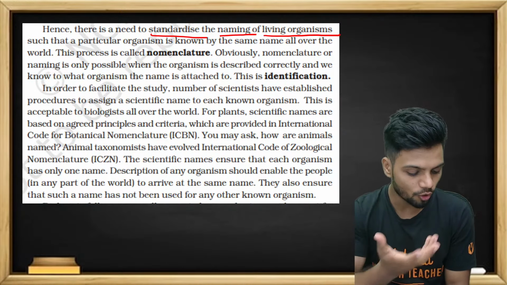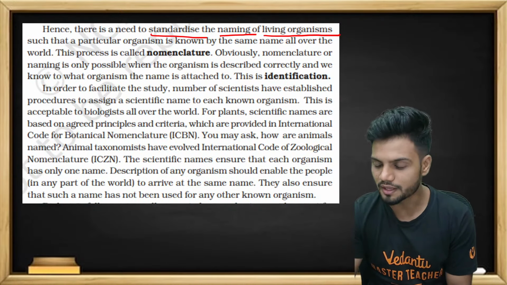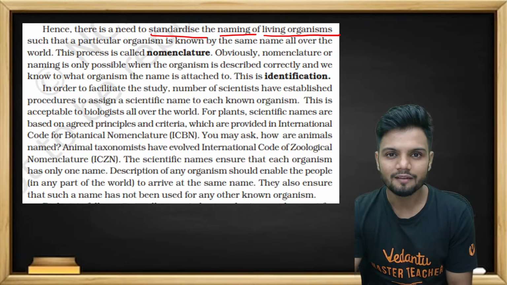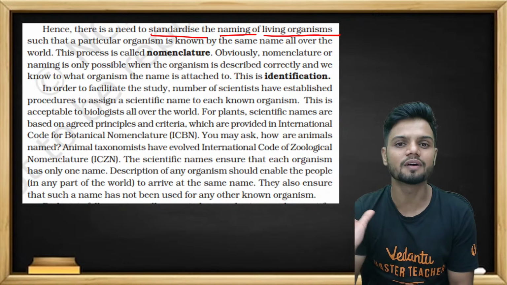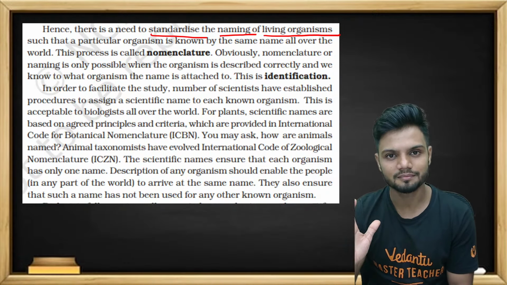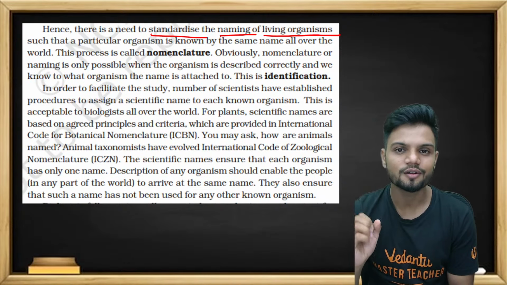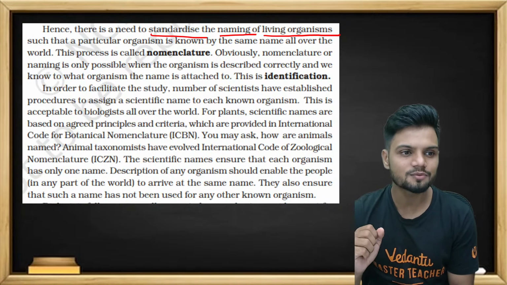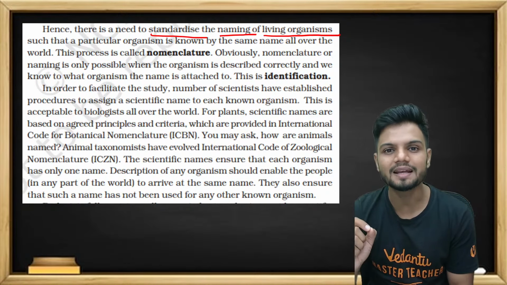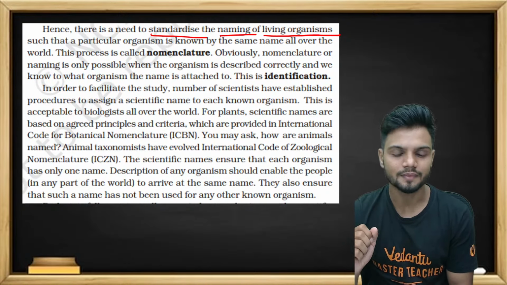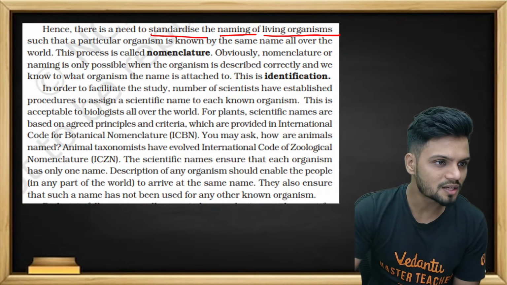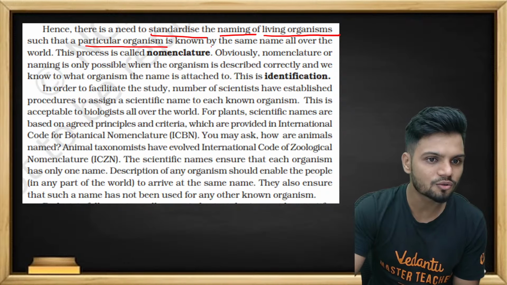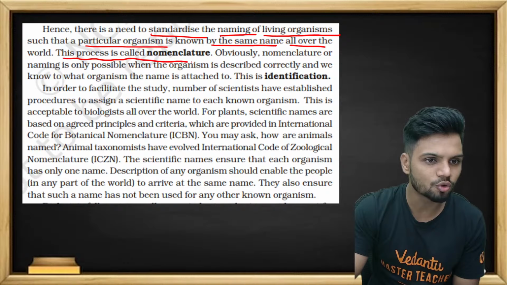Instead of having so many local names and everything, we need one standard name which can be recognized by anyone in the world, and that is called as nomenclature. Nomenclature is where we give a common name or a standard name to an organism. Example, Mangifera indica for mango. See here, such a particular organism is known by a same name all over the world. This process is called as nomenclature.